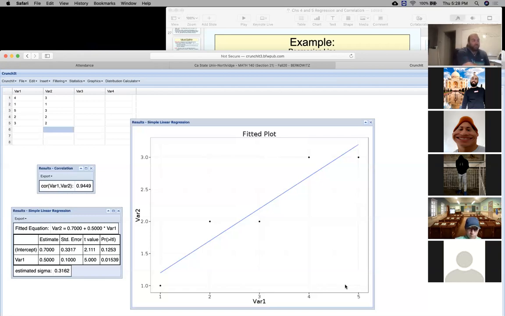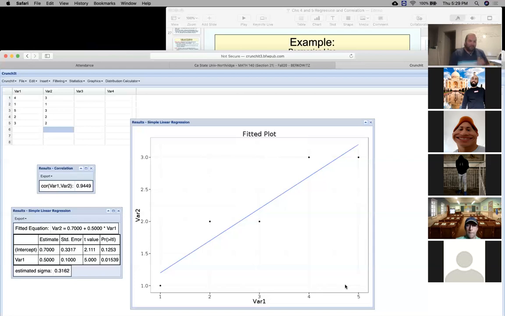Y equals mx plus b, but it could also be b plus mx, right? You can always switch the order of the two things that you're adding. In this case, the way the Crunchit program puts the equation is b plus mx, because the 0.5 is times the variable 1, and the variable 1 is x. So the slope is 0.5 and the y-intercept is 0.7. Do we agree with that?